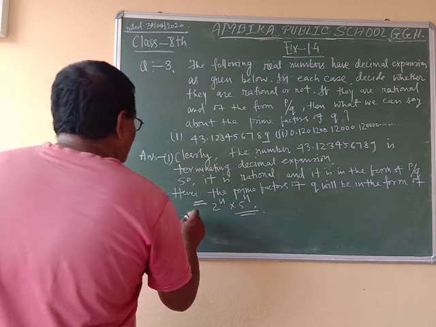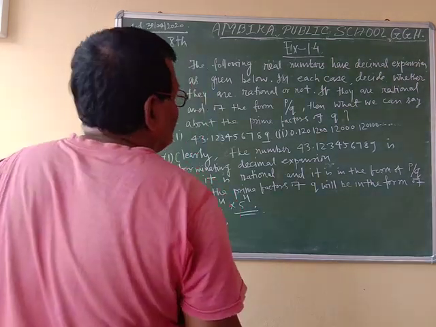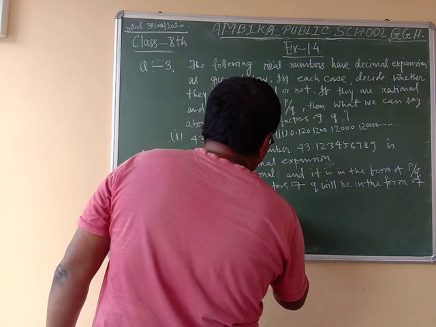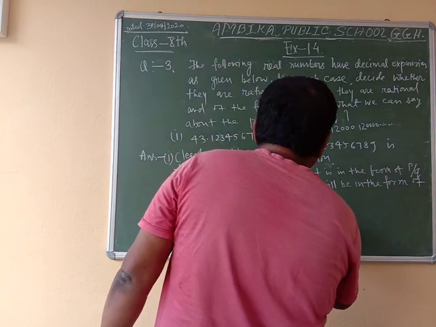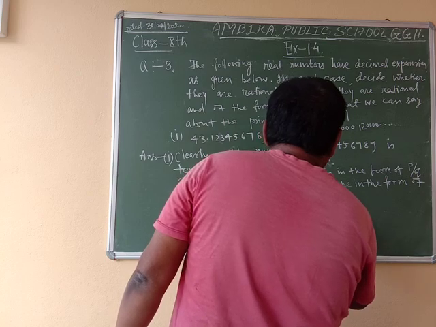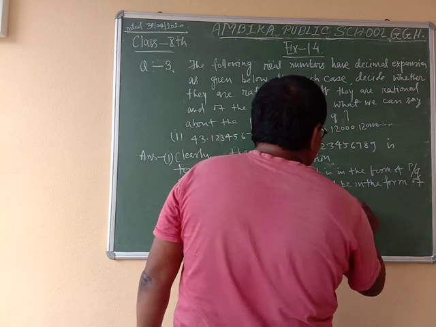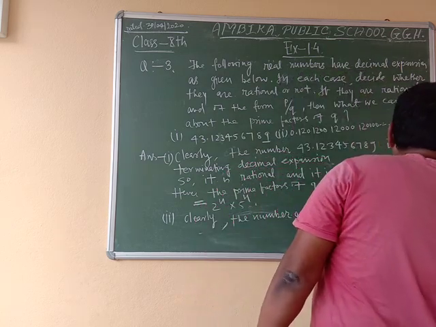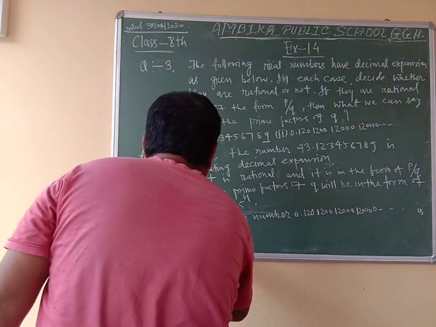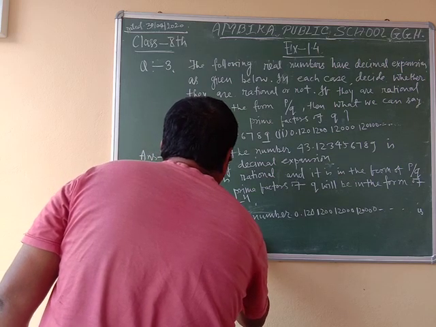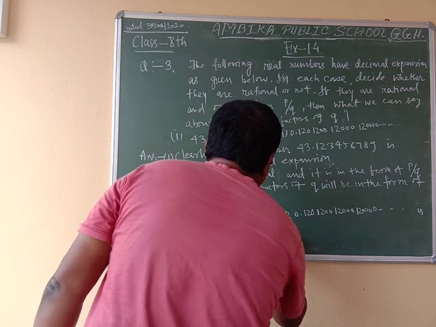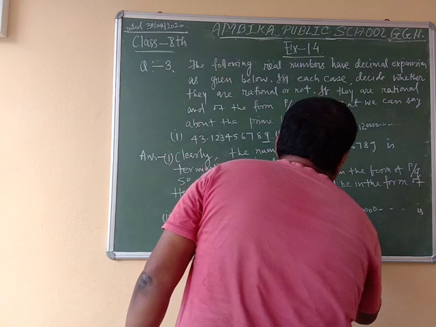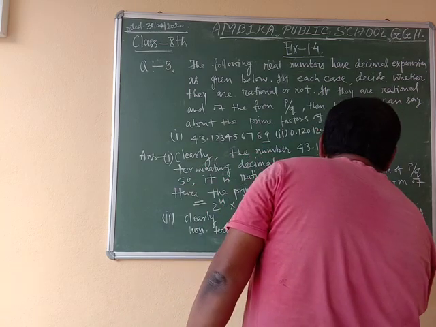Number two. Clearly the number 0.120120012000120000... is non-terminating and non-repeating decimal.